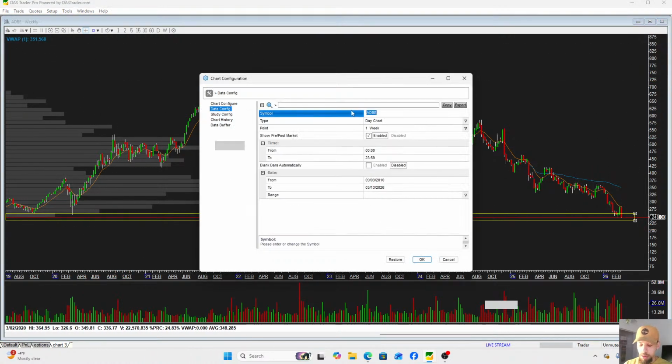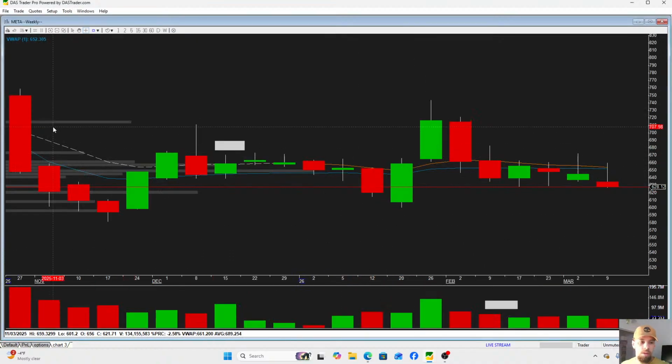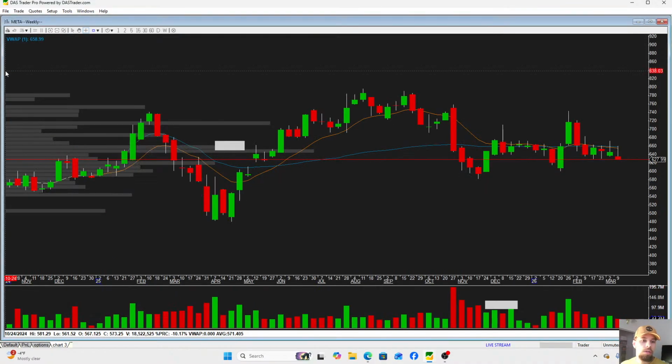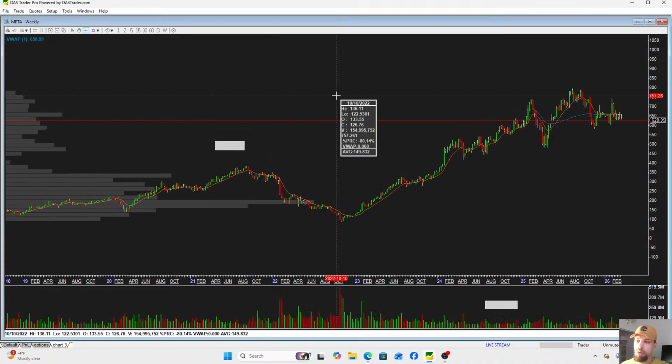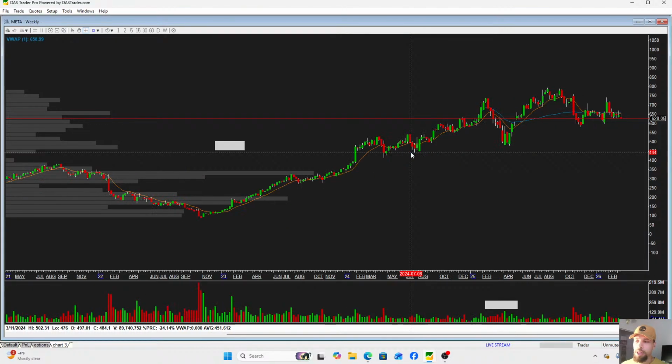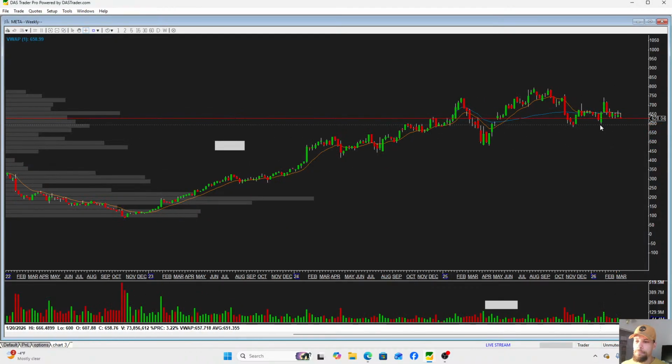Let's look at Meta. The metaverse. Meta is looking pretty weak, or maybe for a potential breakdown here. It's a pretty significant area of support too.